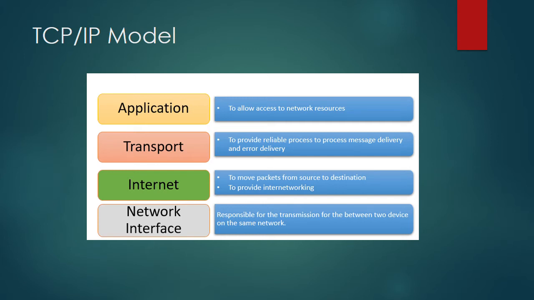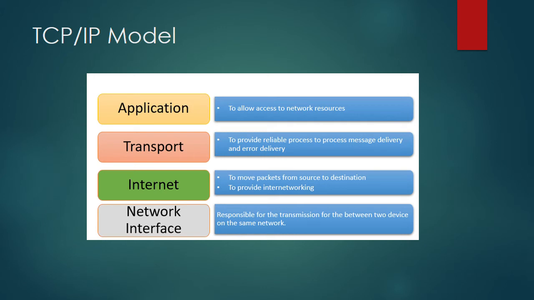The next one is the transport layer. It's responsible for sending process to process messages. We use ports for processes, so process to process messages are sent because of the transport layer.